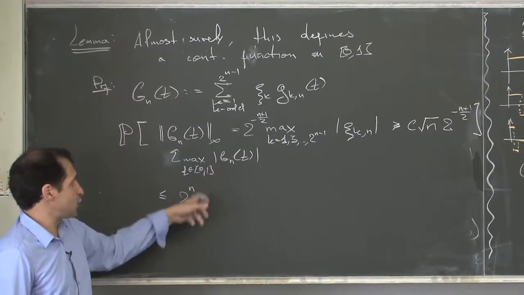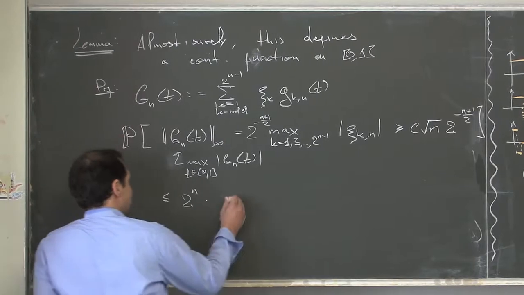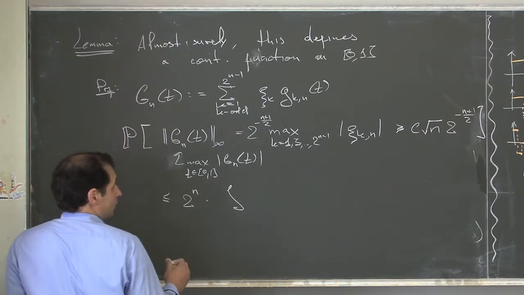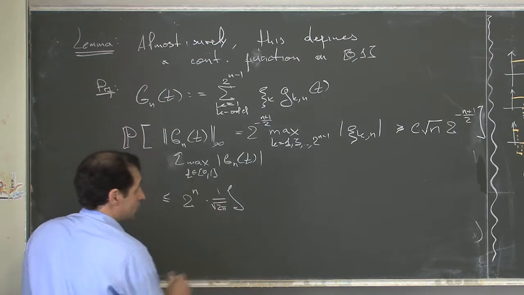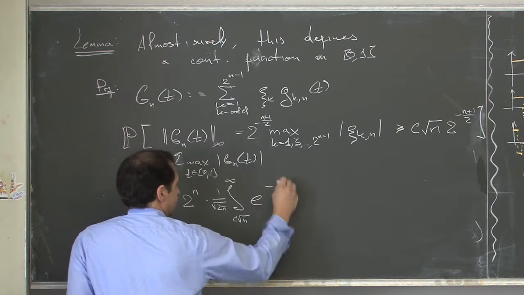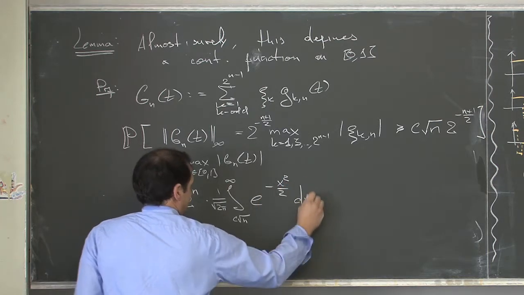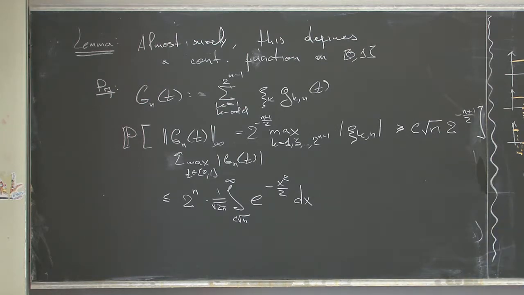It should be 2 to the n minus 1, but then I'm going to lose another 2. And here is the integral of the density of the standard Gaussian, to infinity. Is it clear what happened?